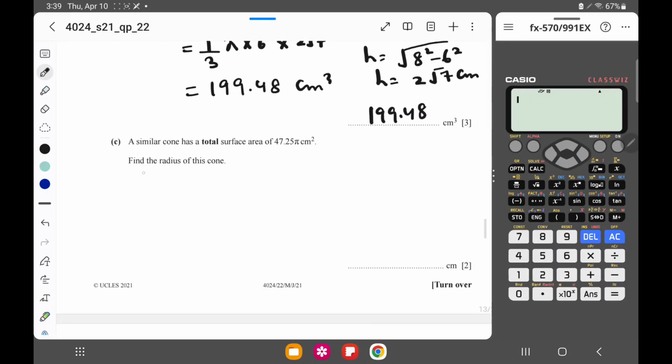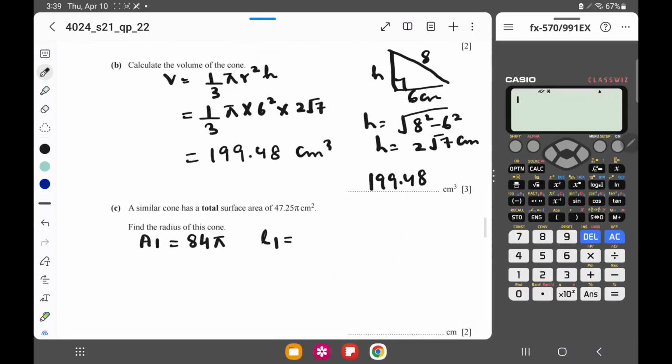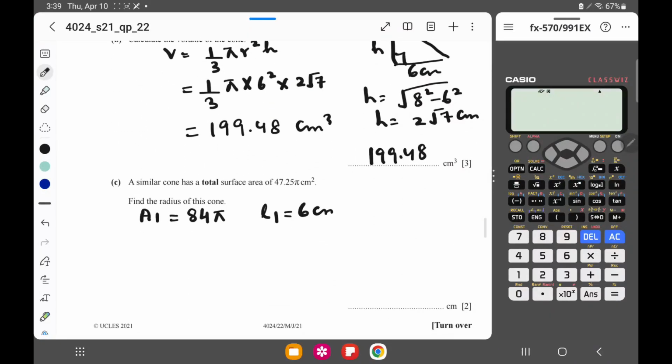Okay, so the area 1 is 84 pi, and L1, which is the radius, was 6 centimeters. The other cone, the surface area is 47.25 pi, and we need to find out L2 here.